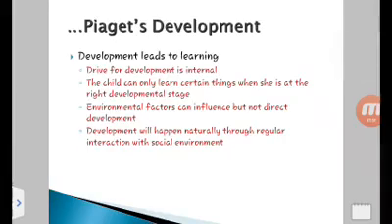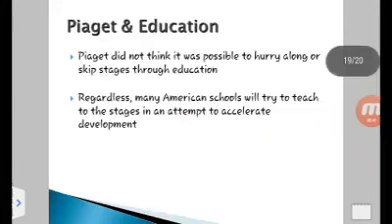So development leads to learning. The drive for development is internal. The child can only learn certain things when she is at the right development stage. Environmental factors can influence but not direct development, and development will happen naturally through regular interaction with social environments. So these are the factors that contribute to the learning process.